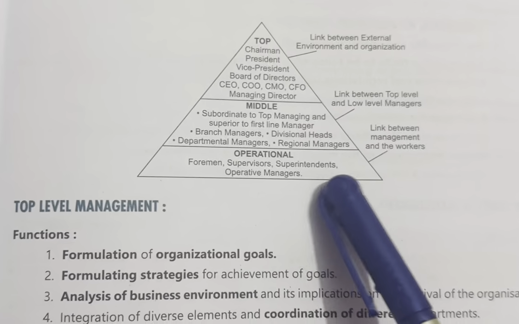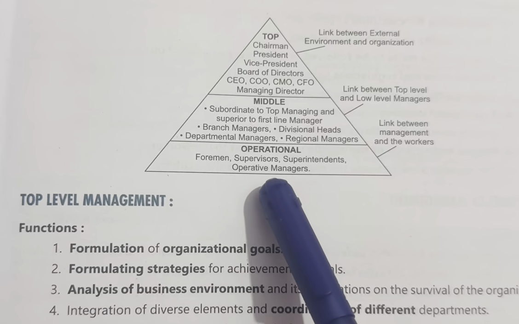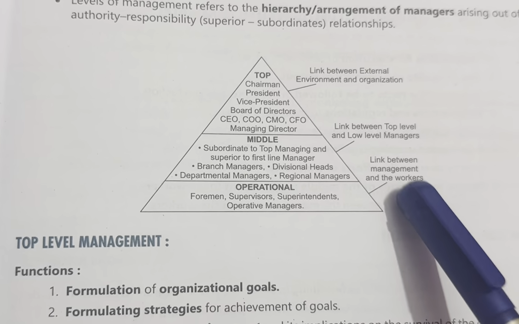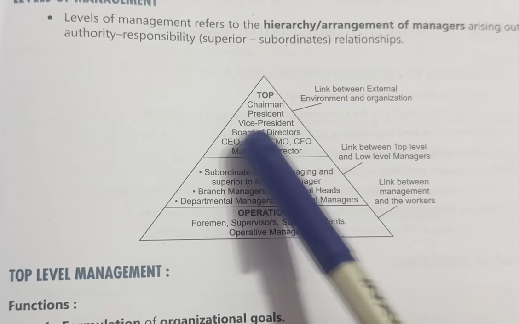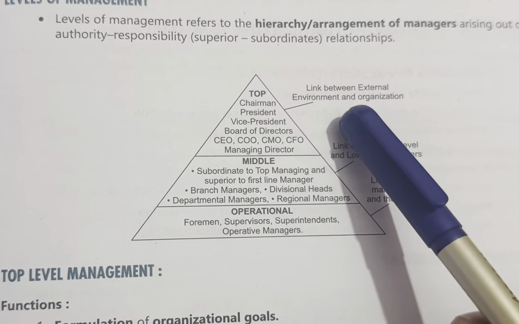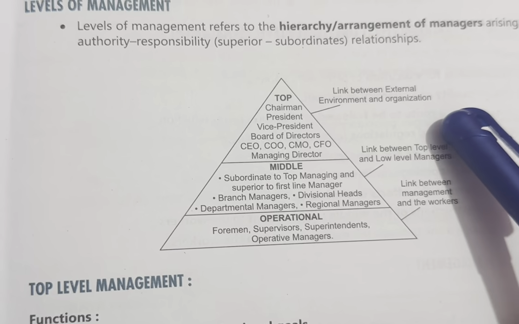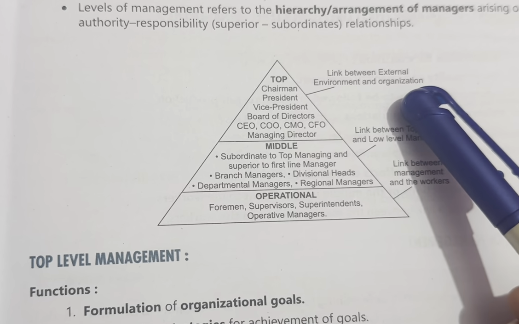Let's see the operational level. Foreman, supervisors, superintendents, operative managers. So here, as I told you, this is top level management and it's a link between the external environment, means what's prevailing outside the business environment, and the organization.